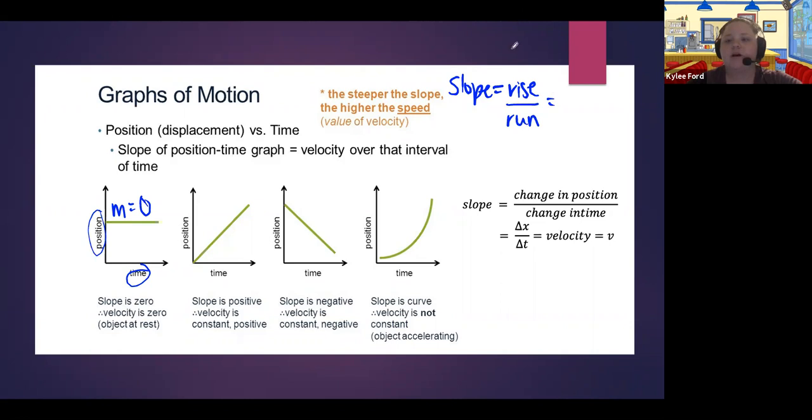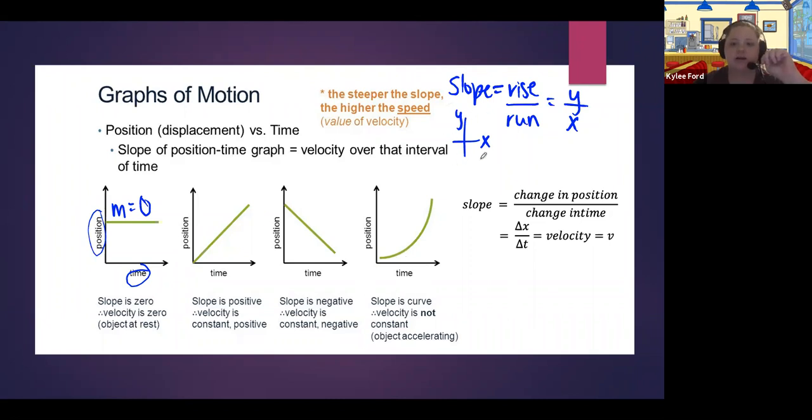Okay, typically when we're looking at an XY graph, typically our rise is Y and our run is X. Okay, in this case, we are going to take our Y, which is now position, and our X, which is now time.